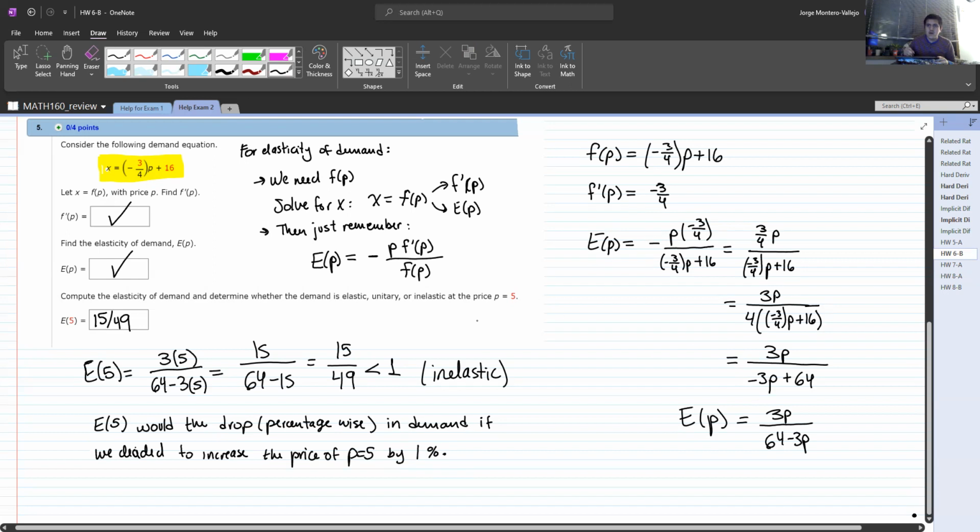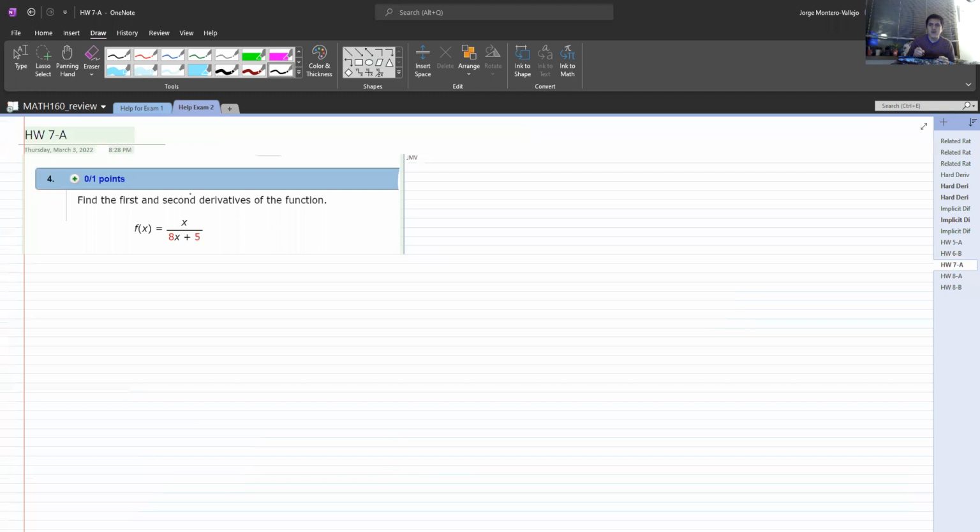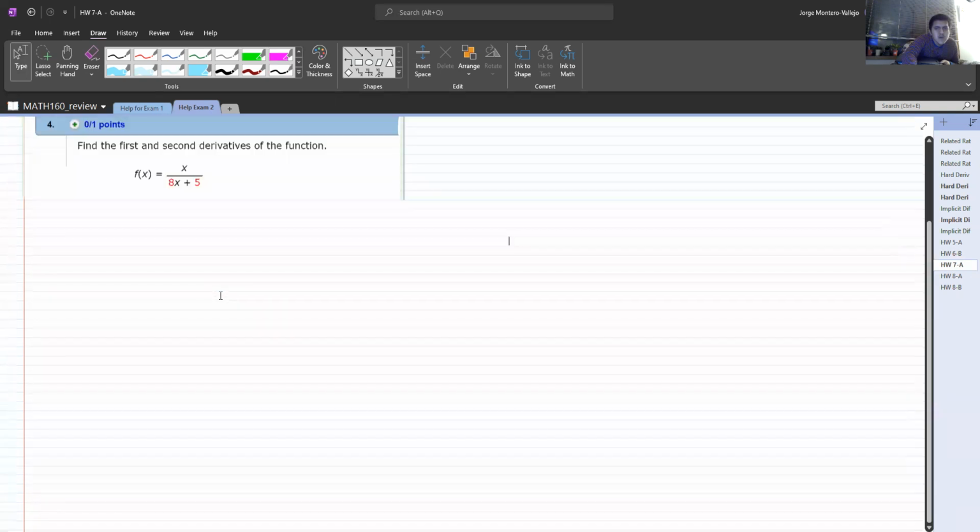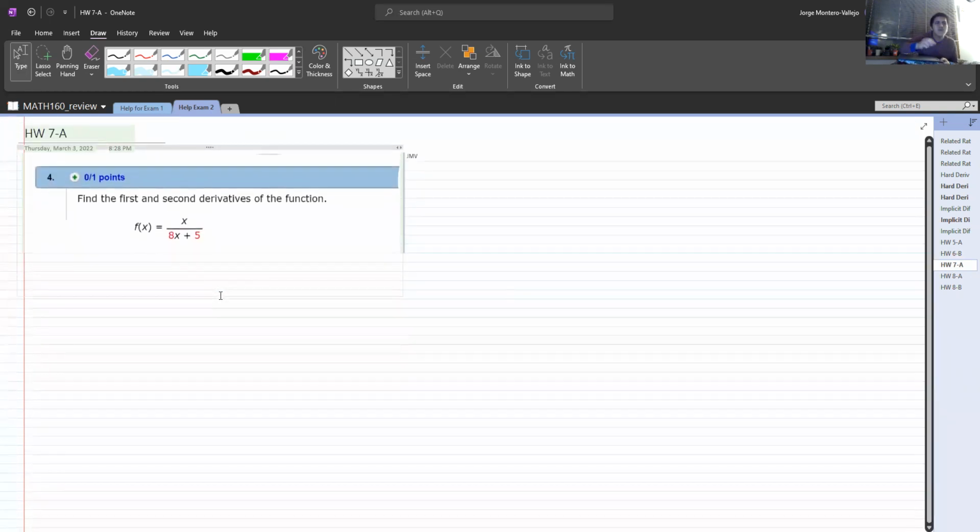All right, let's go ahead and do problem 7. So a few problems from homework 7A. Let's see, is this only one problem? Yeah, it's only one problem. Okay, so homework 7A, find the first and second derivatives of the function. All right, f prime of x. Okay, so this is a quotient, right?